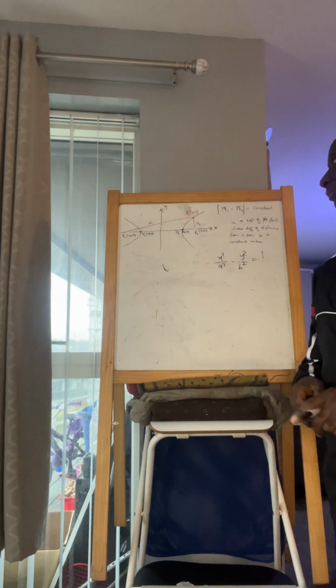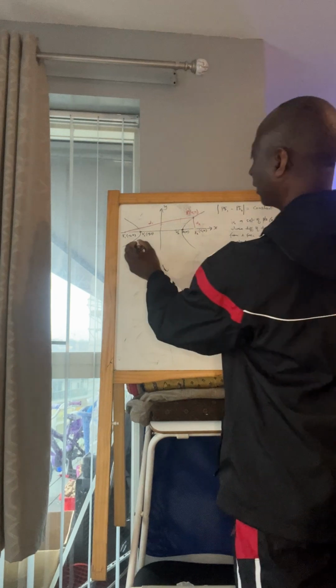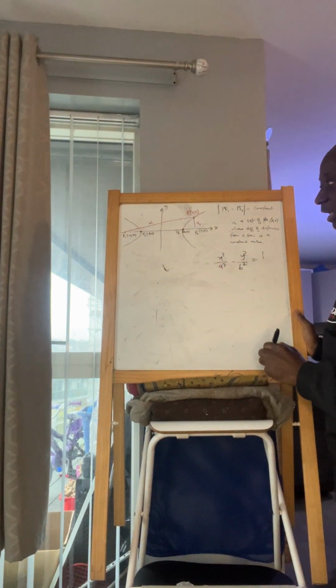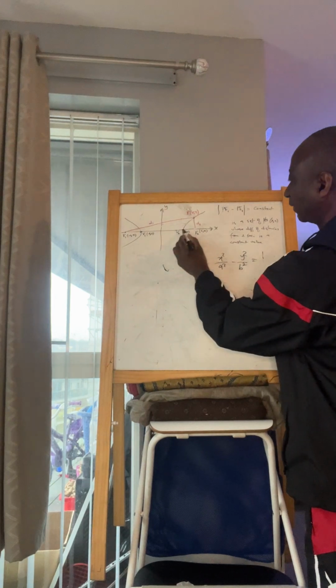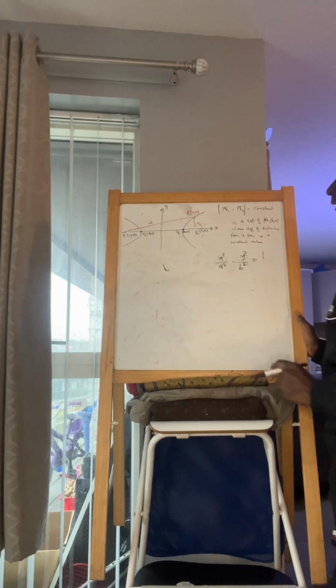So let's carry on. Now, what is that constant? Let's look for that constant. This is the focus here. This is the vertex of the hyperbola. This is another vertex for this hyperbola here, and this is the focus for this hyperbola here.